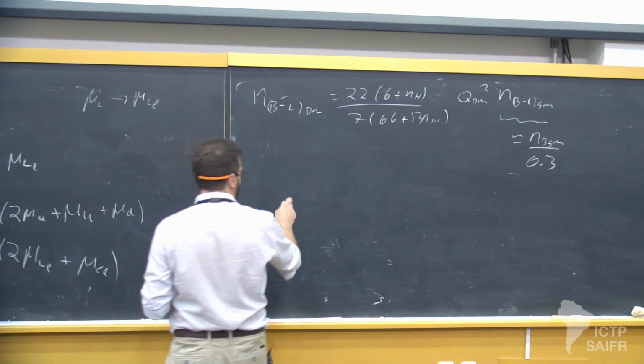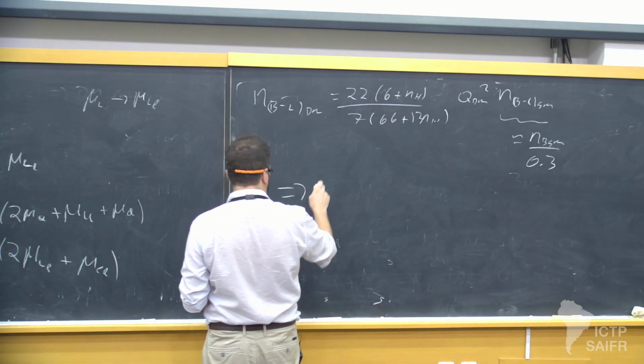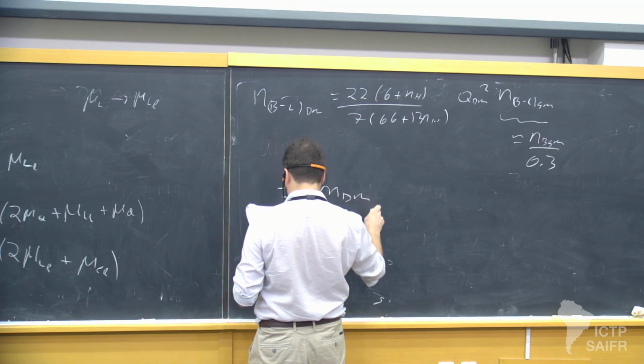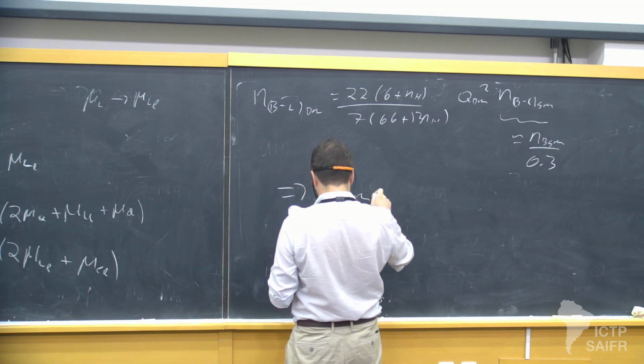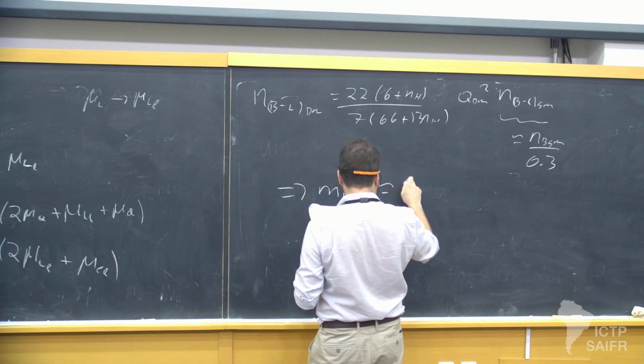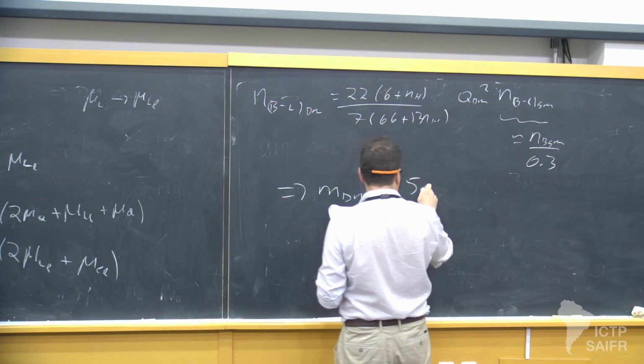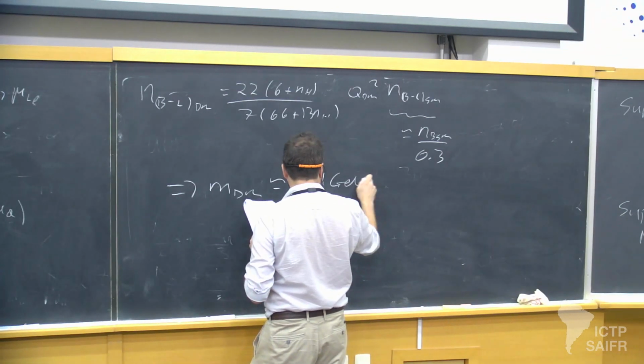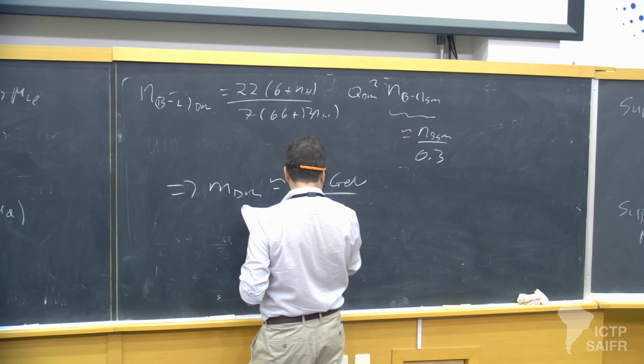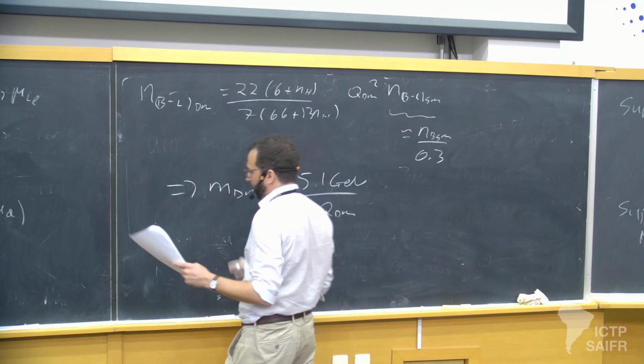So in the end, when you put everything together, you find a simple relation: M dark matter is approximately 5.1 GeV over Q dark matter.